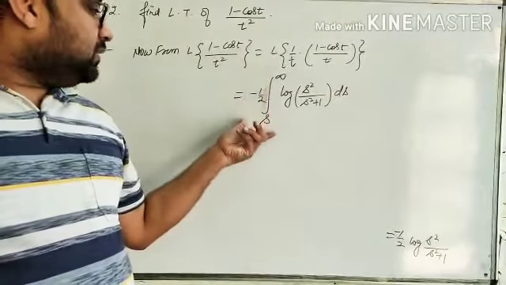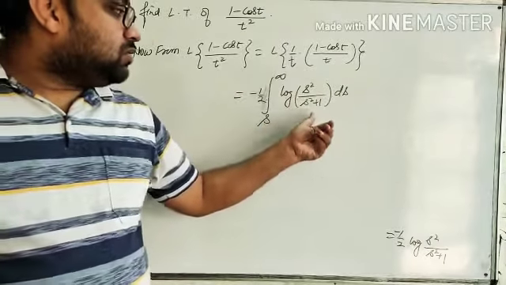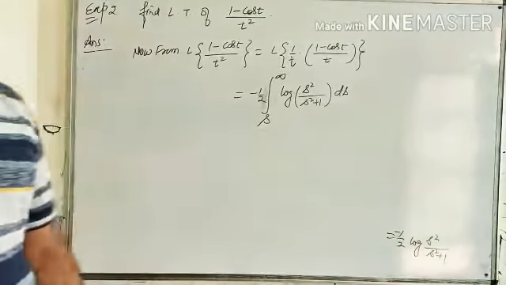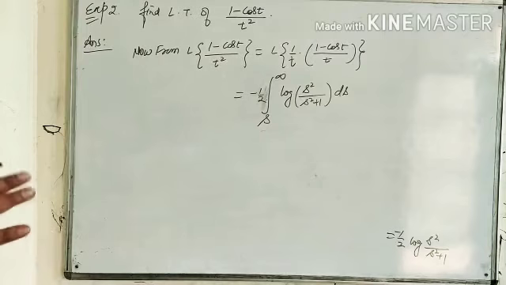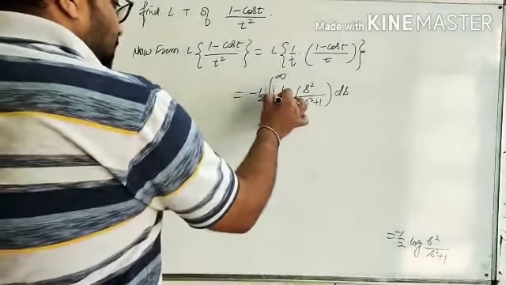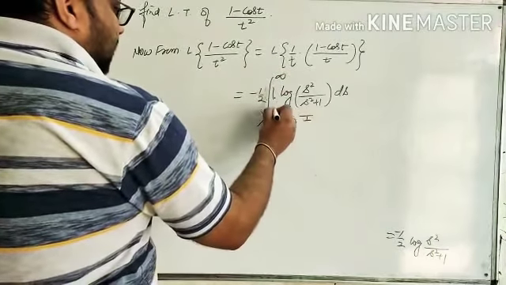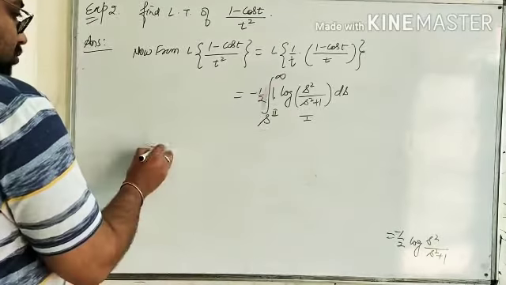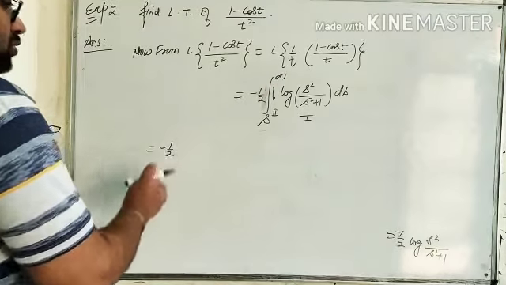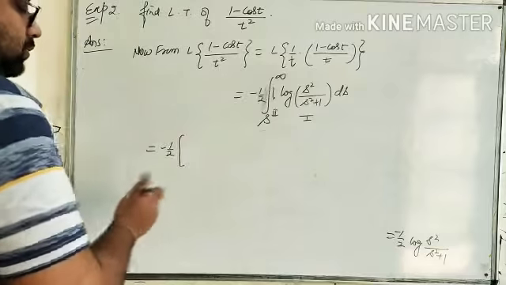So for this we can write directly minus 1 upon 2 integral from s to infinity of log of s square upon (s square plus 1) ds. Now everybody knows the integration of log cannot be found directly. We have to apply the ILATE rule, and let log be first and this one, 1, be second. So minus 1 upon 2, take it outside the integration and apply the formula.